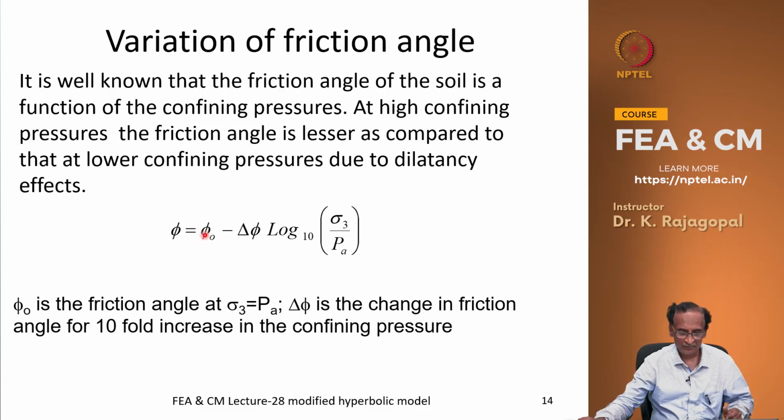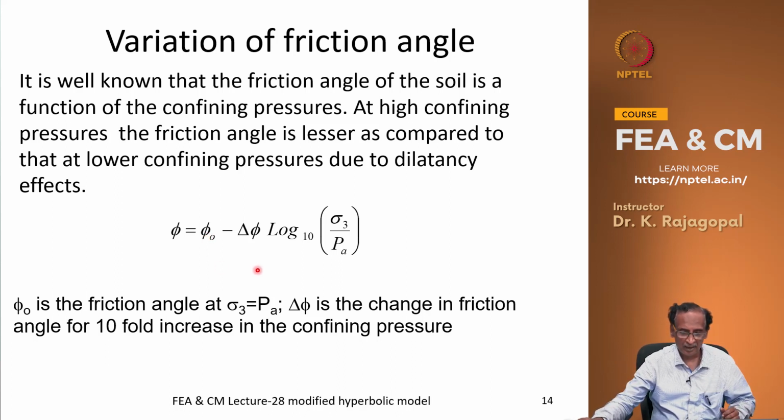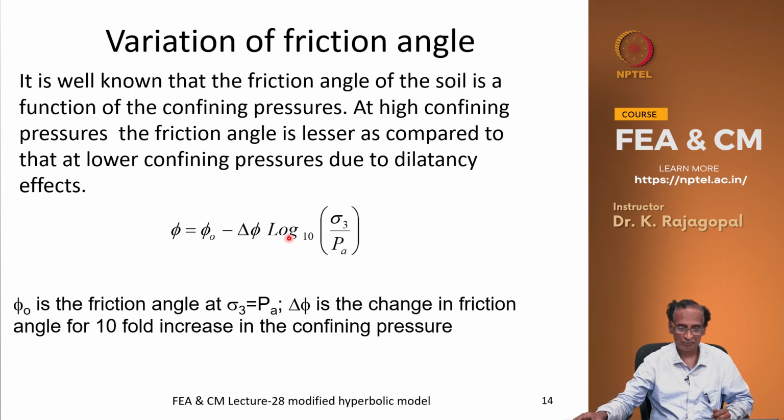The phi naught could be your shear strength at an average confining pressure equal to atmospheric pressure Pa. At a sigma 3 less than Pa, this quantity becomes positive because the log of sigma 3 by Pa becomes negative, so your friction angle will increase. At higher confining pressures, your friction angle will reduce.